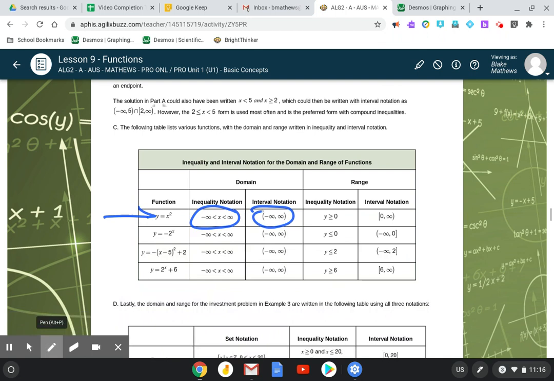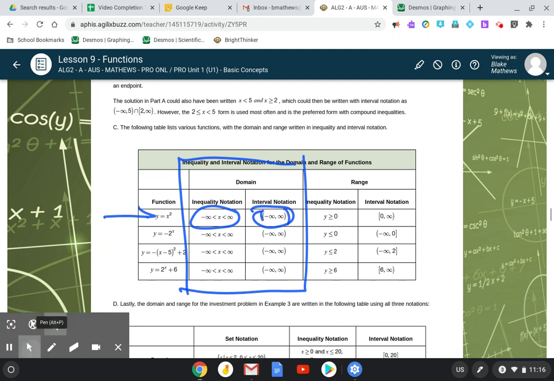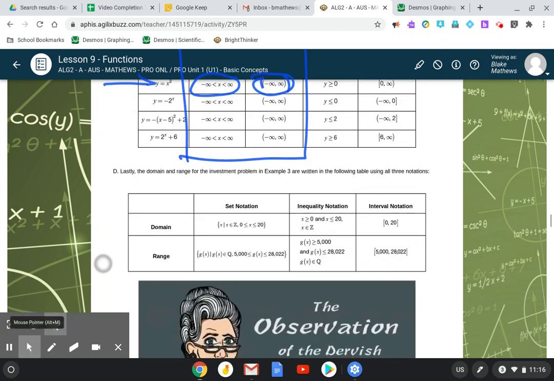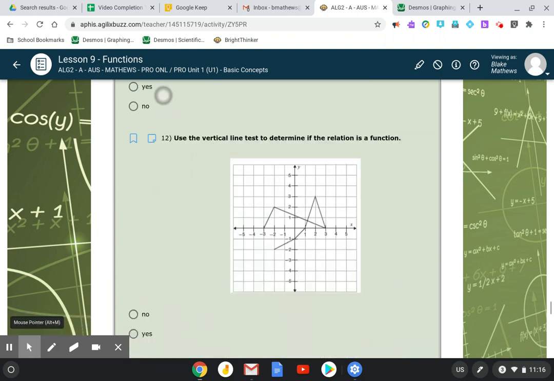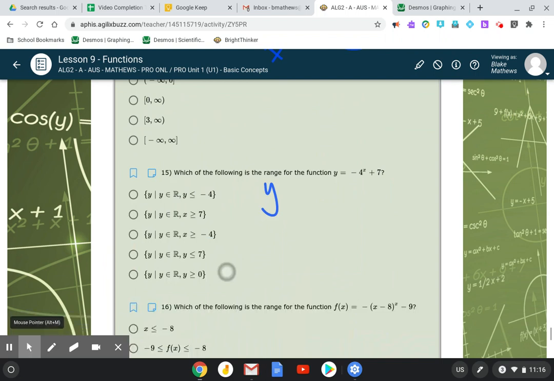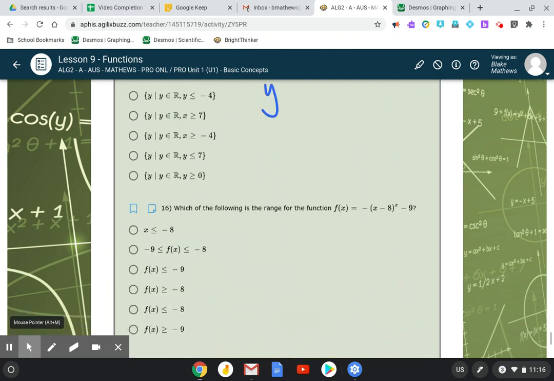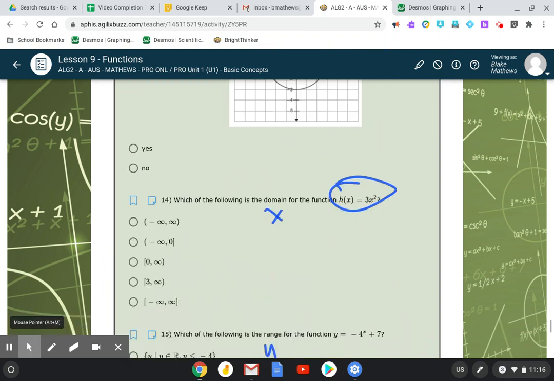So I'll tell you right now, the domain of all of the functions that we're dealing with in this lesson is, as you can see, positive and negative infinity with parentheses around it. So that's kind of a key piece of information. If they ask you about the domain on any of these functions, they are going to be asking you to find the one where there is positive and negative infinity bound by parentheses.